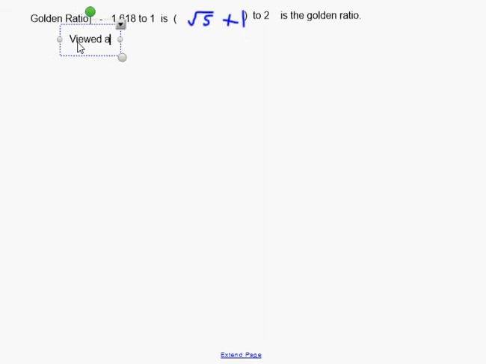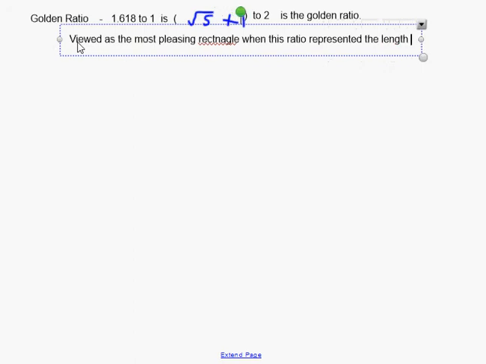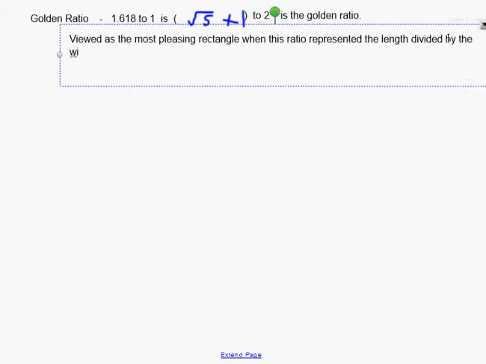Viewed as the most pleasing rectangle when this ratio represents the length divided by the width.